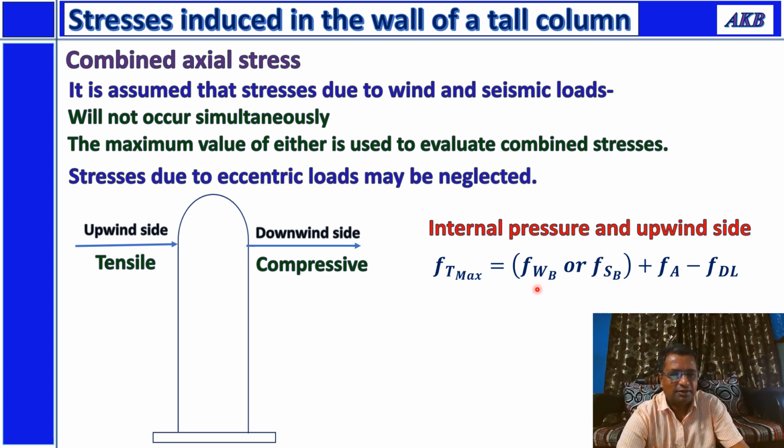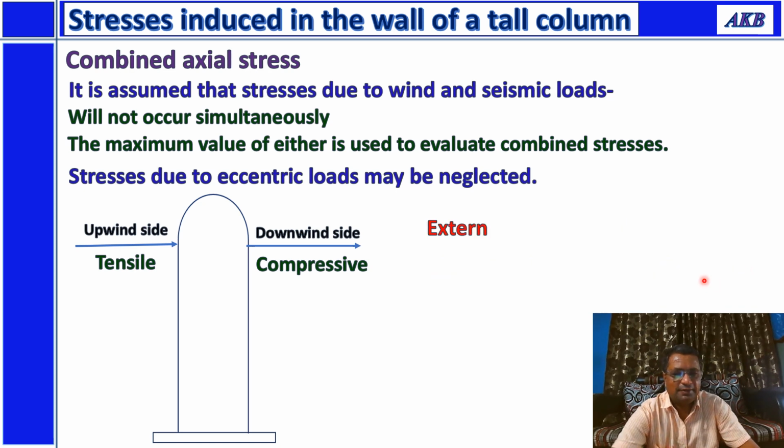That is, you need to consider either stress due to wind load or stress due to seismic load. The point is, the maximum out of this will be considered over here. So Ft max is equal to Fwb or Fsb plus Fa minus Fdl. What is Fa? Fa is stress due to internal pressure. What is Fdl? Fdl is stress due to dead load.